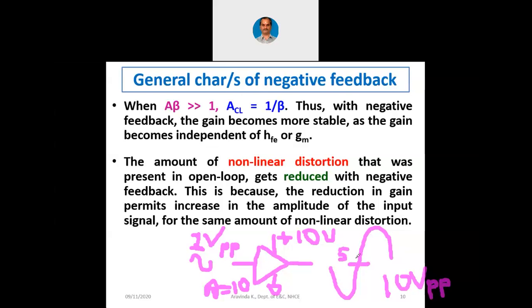Now, if the input signal rises a little, now 1 volt, let us say it becomes 1.2 volts, gain is fixed at 10, so naturally the signal will rise up.